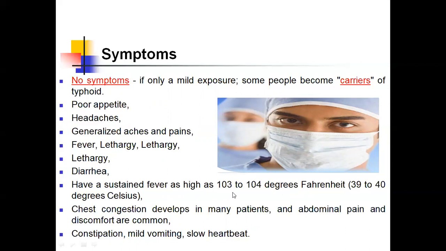Sustained fever as high as 103 to 104 degrees Fahrenheit is a very important diagnostic feature. Critical symptoms develop when chest congestion develops in many patients. Abdominal pain, discomfort, constipation, mild vomiting, and slowness of the heartbeat can be observed.